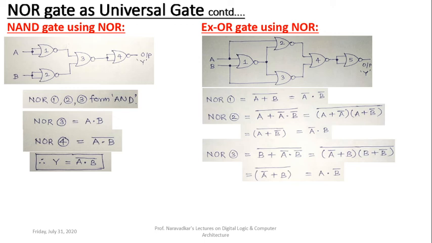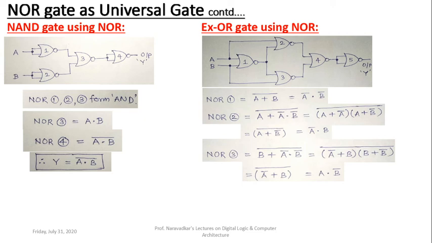So A bar plus B whole bar, by application of De Morgan's theorem, becomes A double bar dot B bar. A double bar is nothing but A, dot B bar. So this is the simplified equation of NOR gate number 3 here.